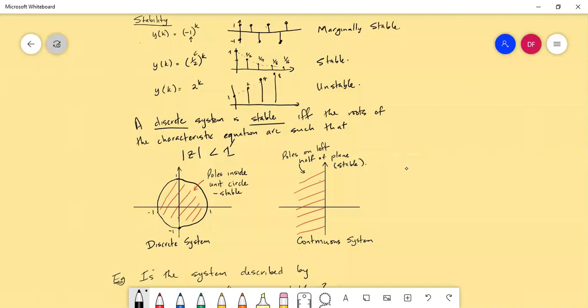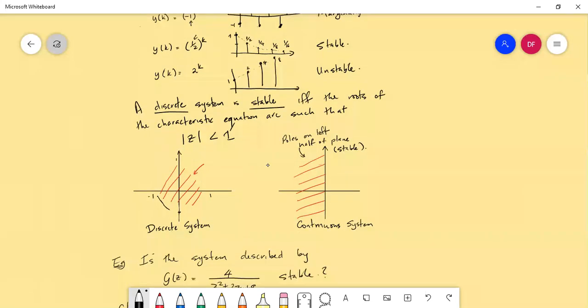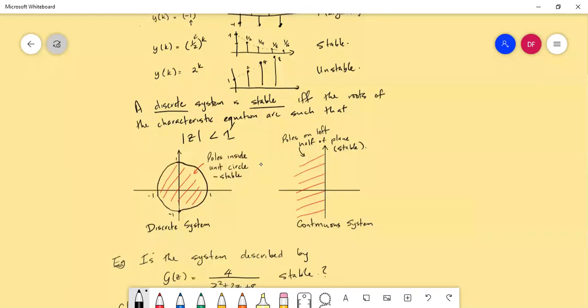All right. So it doesn't matter if you're dealing with a marginally stable or a stable system, as long as it's not unstable. Now there are times when you want marginally stable, because suppose you want to design an oscillator, then you want the system to be marginally stable. Sometimes you want the system to be stable, sometimes marginally stable.